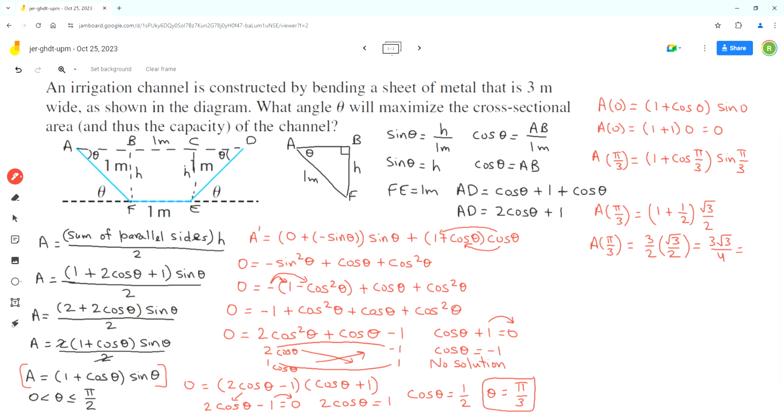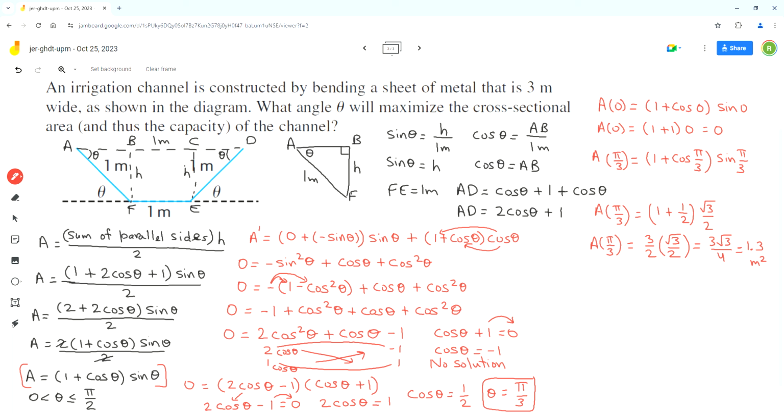And in decimal form, this expression is equal to almost 1.3. And the unit will be meter square because that's the given unit of length. So at theta equals pi over 3, the area of the trapezoid is almost 1.3 meters square.